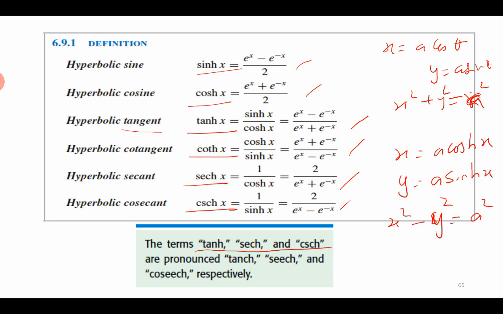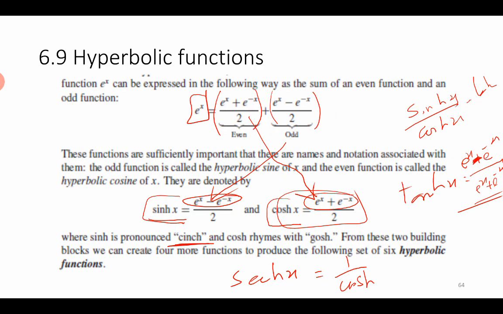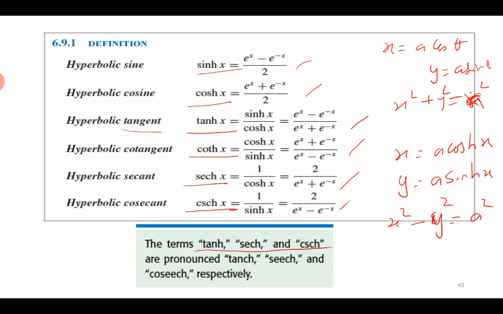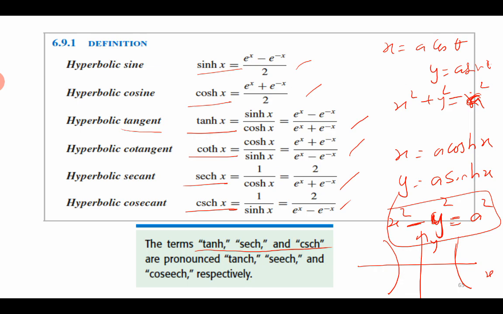Use the definitions of cosine hyperbolic and sine hyperbolic given here and try this. You will get x squared minus y squared equal to a squared. This is the equation of a hyperbola. This is the x-axis and this is the y-axis. This combination gives the hyperbola, so we call them hyperbolic functions.